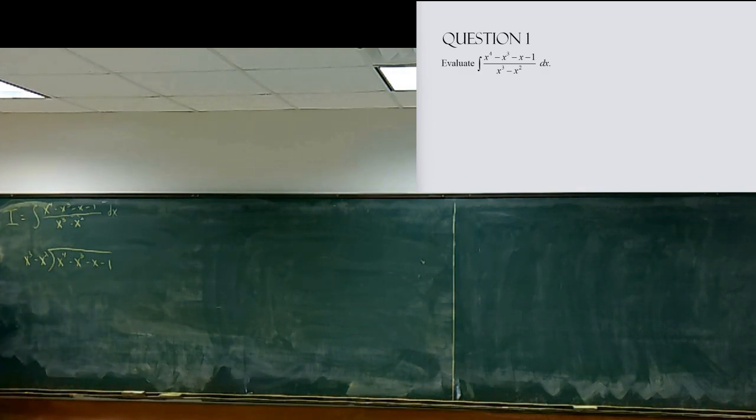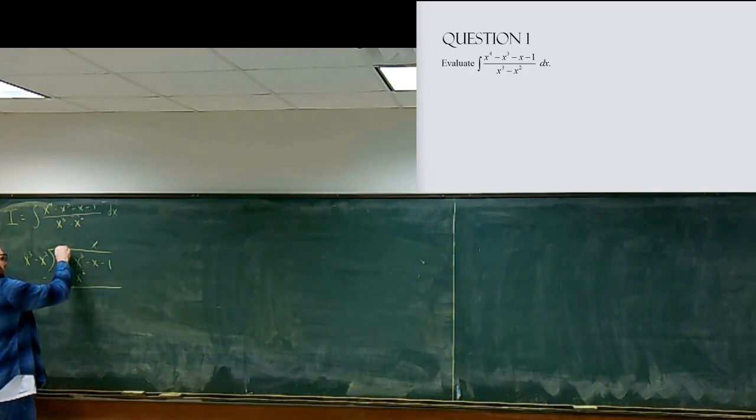X to the fourth divided by x cubed is what? X. Multiply this by x. Subtract. Remember, these are all going to be zeros afterwards. Oh, look at that.